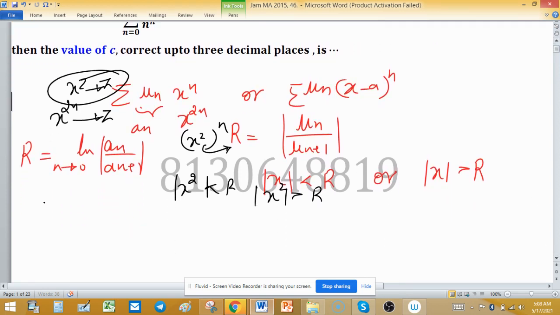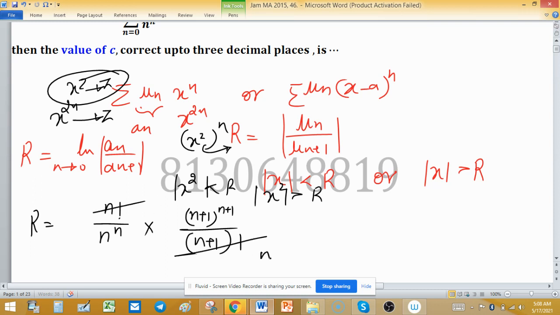So find the radius of convergence r, which is given by n factorial divided by n raised to the power n. This is my a_n, and we need to take (n plus 1) raised to the power (n plus 1) divided by (n plus 1) factorial. So this one cancels out, and we will have n plus 1. Also we need to take n raised to the power n, and the limit as n tends to infinity.